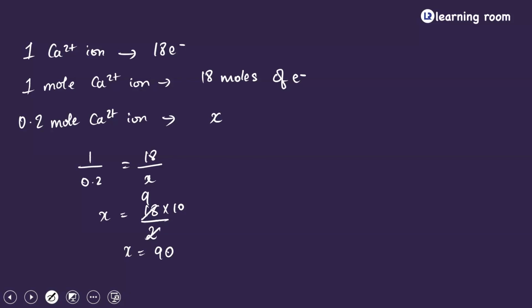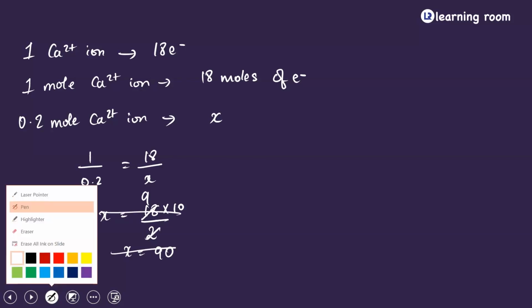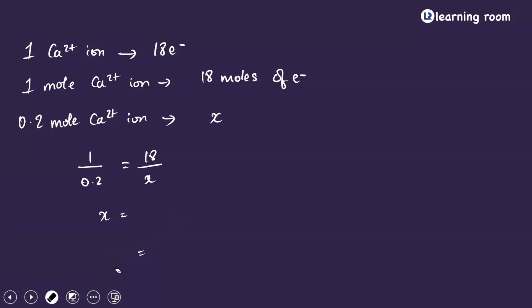Is that correct? No, wrong. Sorry, I made a blunder. One minute. So x is equal to 18 into 0.2.